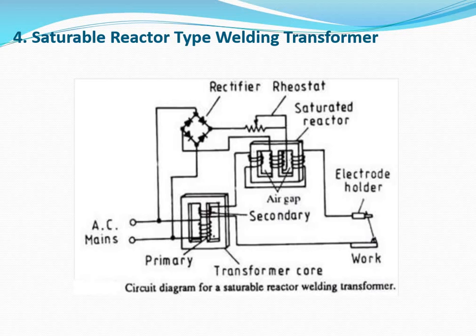Saturable reactor tends to cause severe distortion of the sine wave supplied from the transformer. So placing an air gap as shown here in the reactor core is one of the methods to reduce the distortion.